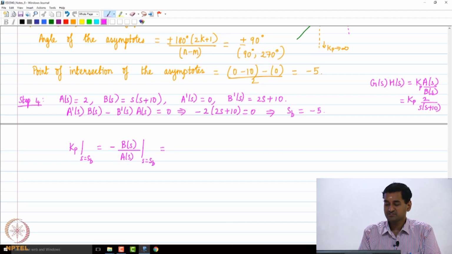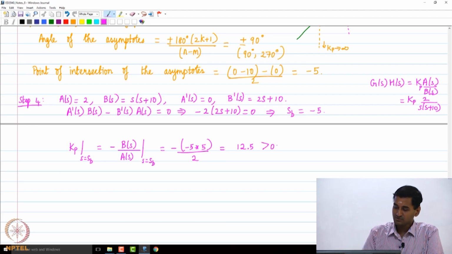If you substitute minus 5, we will get minus 5 times (5 plus 10), divided by 2. Am I correct? So this will come to be 12.5, and that's greater than 0. So this implies that s_b equals minus 5 is a breakaway point.